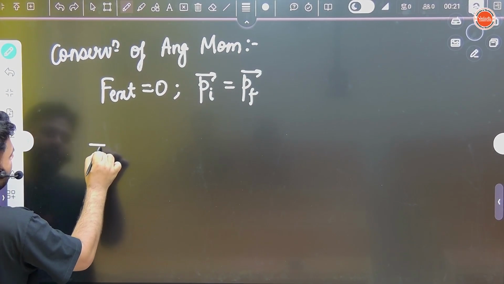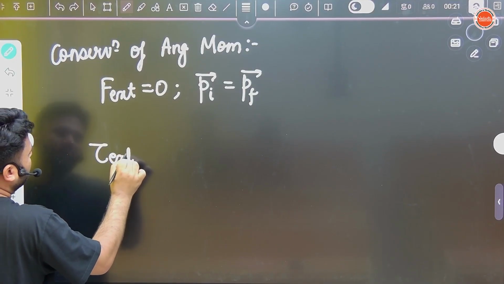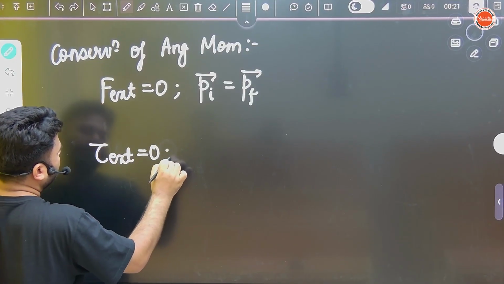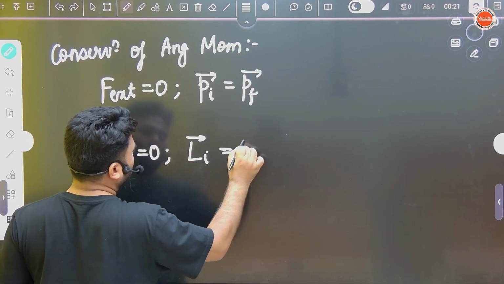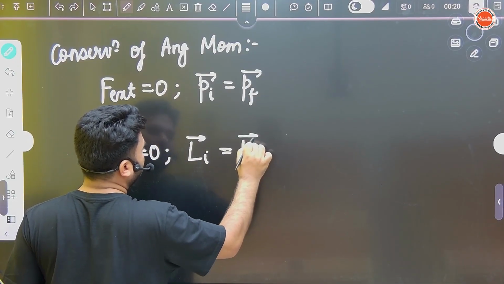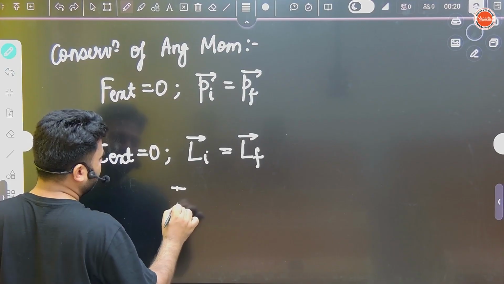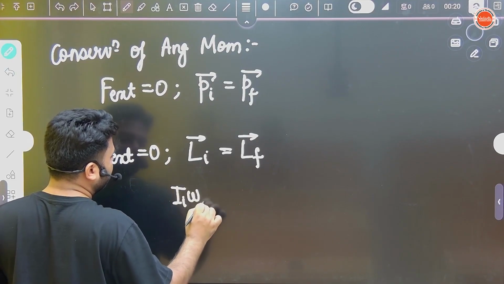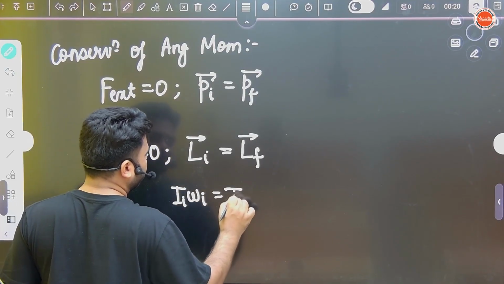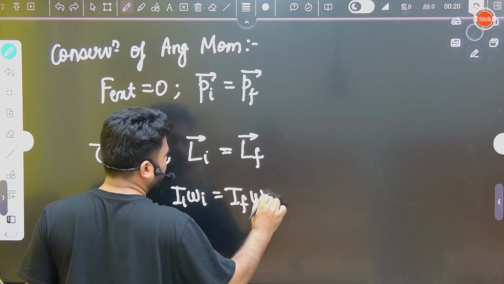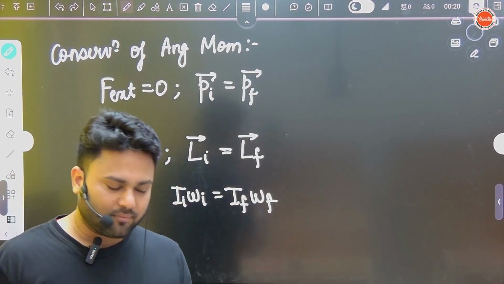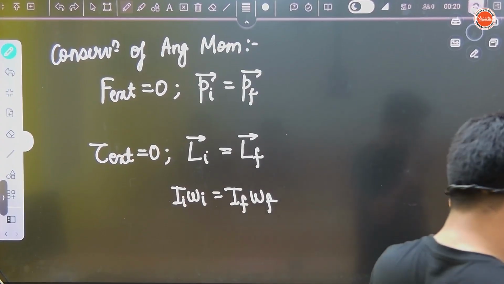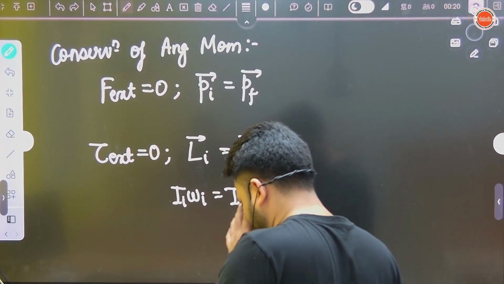Similarly, if external torque is 0, if there is no net torque on the system, then total angular momentum initial equals total angular momentum final. Means I initial omega initial equals I final omega final, we can write. Correct?